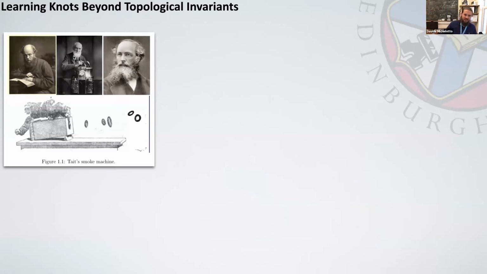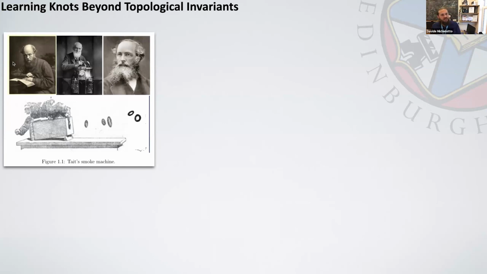These three were communicating quite a lot together. At some point, Lord Kelvin was interested in knotted ether because he thought about these vortex knots. He was thinking that different atoms could be thought of as knotted ether that cannot be converted one into another.